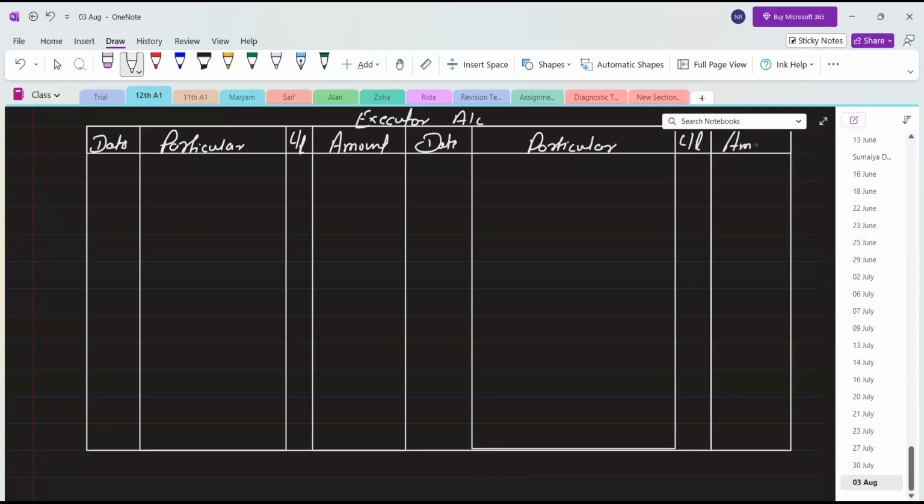So that's why to write the beginning and any other date, we have to create date column. Now, when the partner's capital balance will be transferred here, it will be written here with the date by partner's capital account.